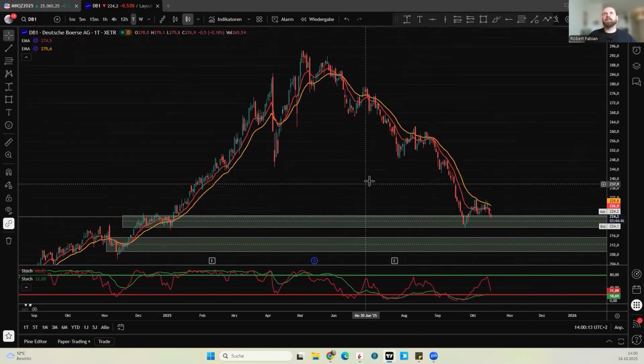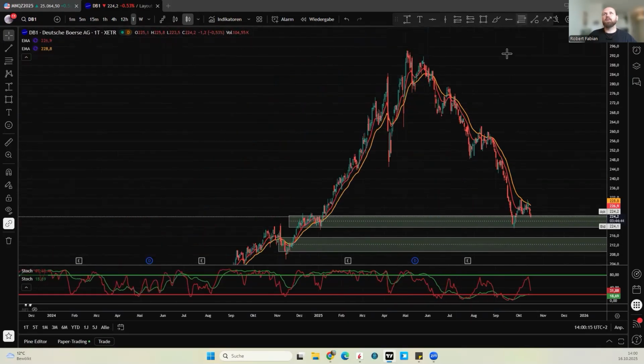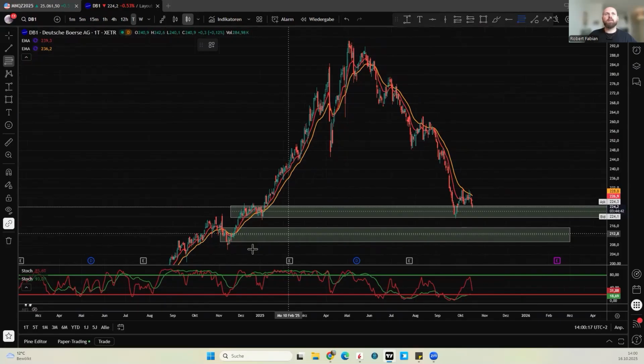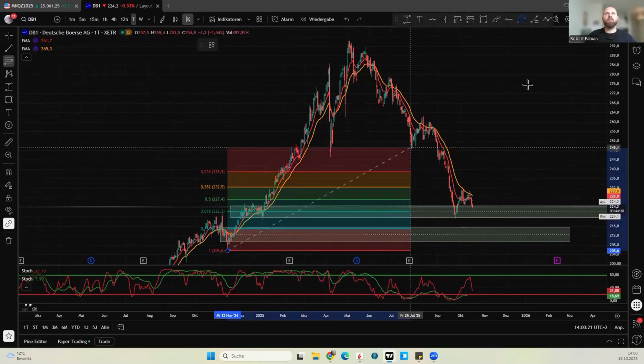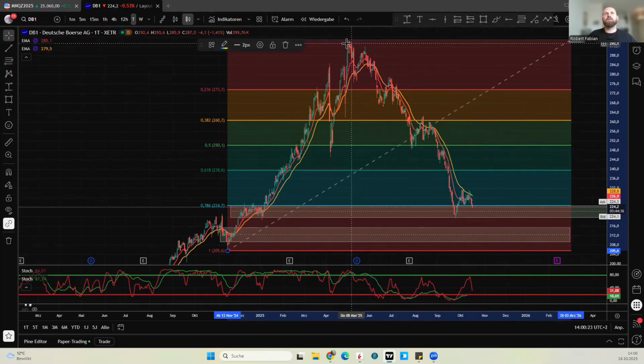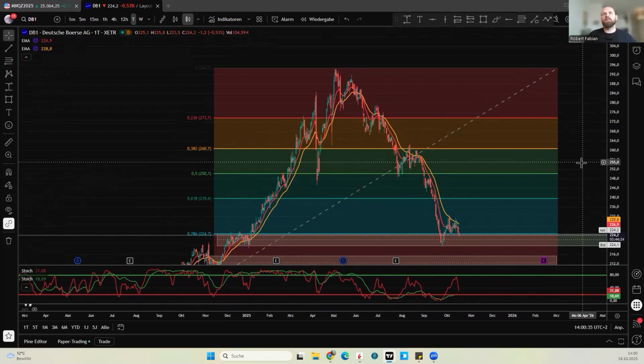And what I'm doing next is I'm using the Fibonacci retracement tool. So we see here this very important low, the lower low, and bring it up to the highest point of the range. And we see now we are under the 0.5 area zone.